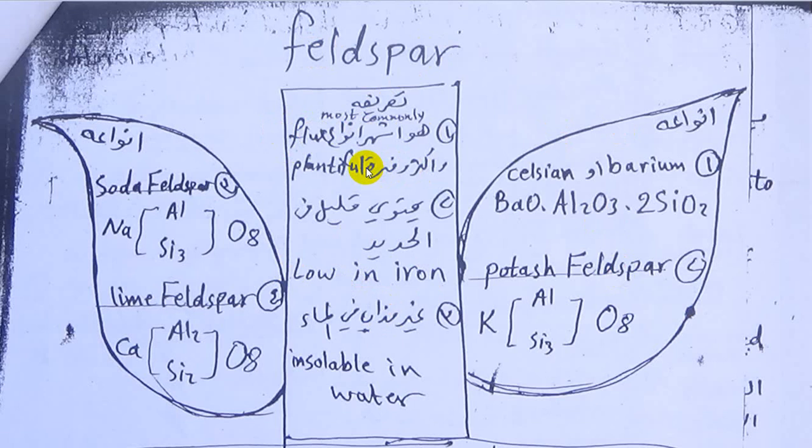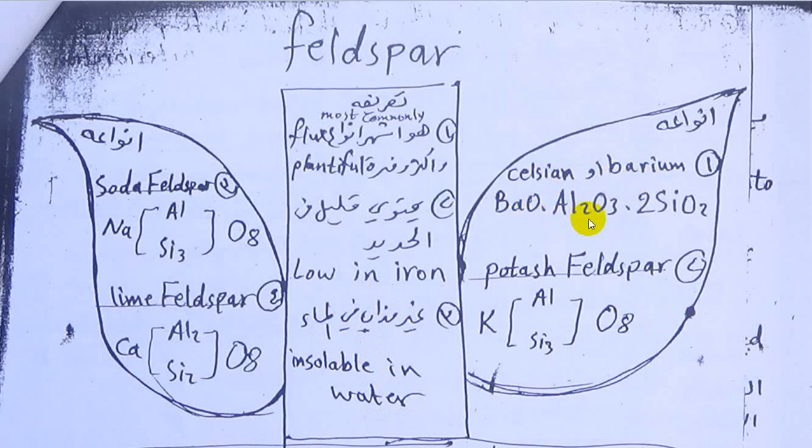It possesses a content of iron, as you can see, and is insoluble in water. Types include calcium or barium feldspar.